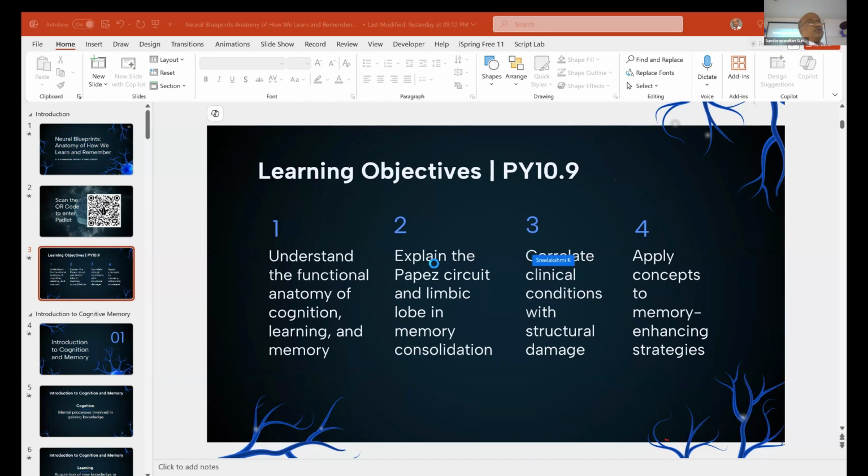Learning objectives. First, we are going to understand the functional anatomy of cognition, learning, and memory. Next, the PAP circuit. That's what Sir insisted I concentrate on. Already you have studied about it.